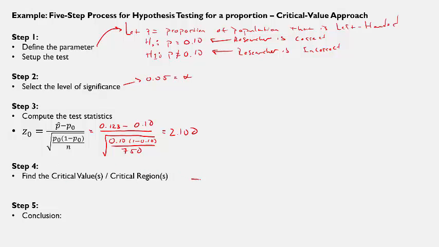Next, it's a two-tailed test. So when we go to find the critical regions and critical values, you're centered at 0. There's one critical value up here, and you're going to shade to the right, and another critical value down here, and you're going to shade to the left.